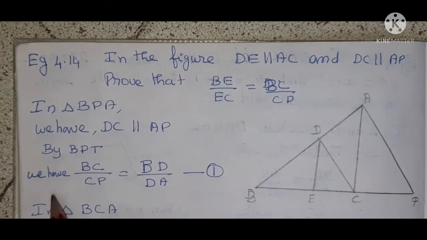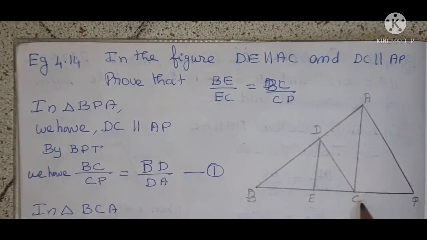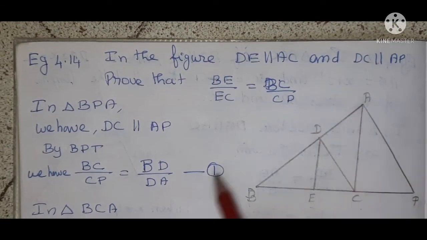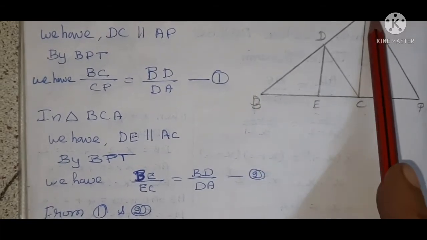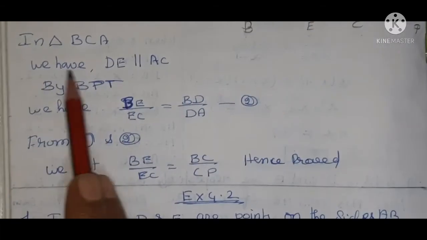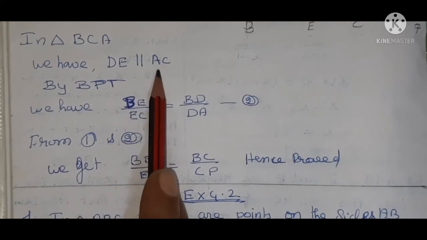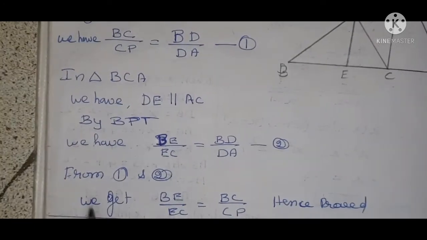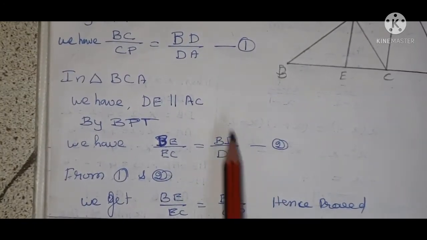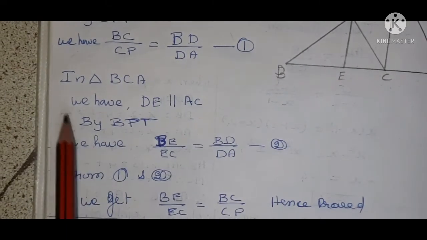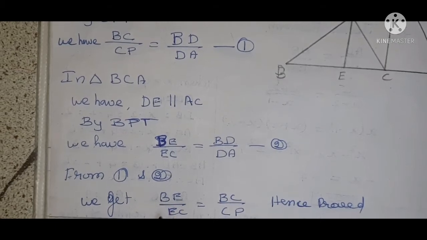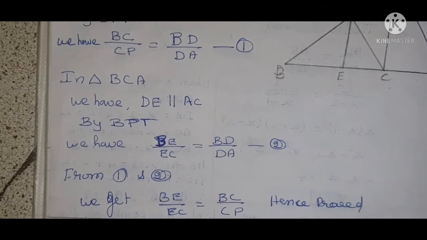By PPT, we have BC by CA is equal to BD by DA, taken as 1. In triangle BCA, we have DE is parallel to AC. From 1 and 2, the right sides are equal, so the left sides are equal. BE by EC is equal to BC by CA, hence proved.